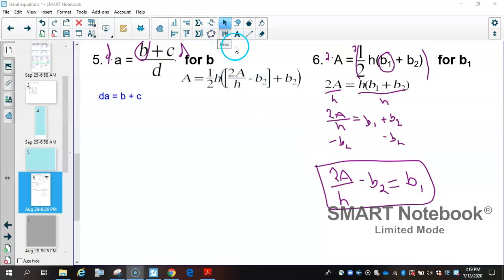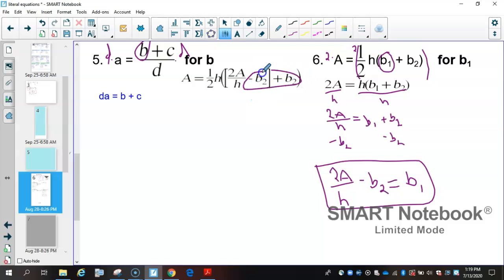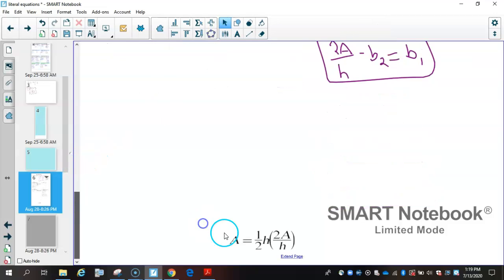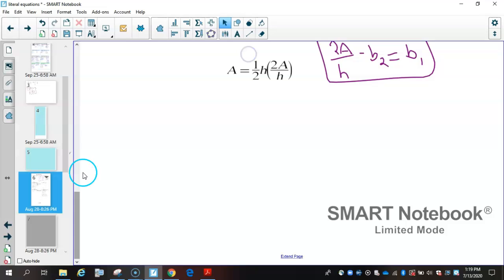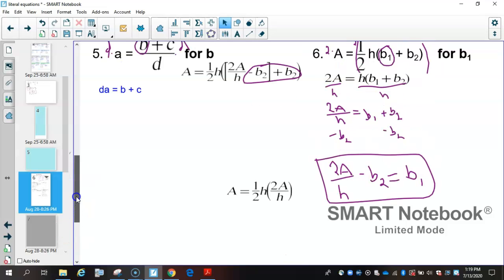And again, because they're not necessary, I can see that I have like terms, and I can combine those two. I went ahead and combined them already, so I wouldn't have to pause the video again. So when we combine those two, they become 0, and we're left with just a equals 1/2 h times 2a divided by h.